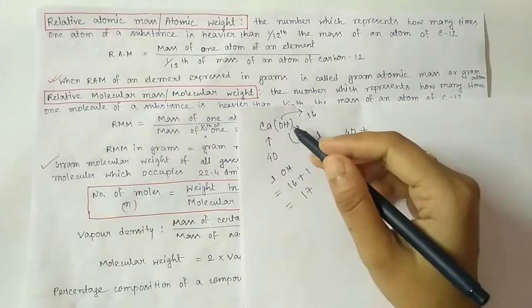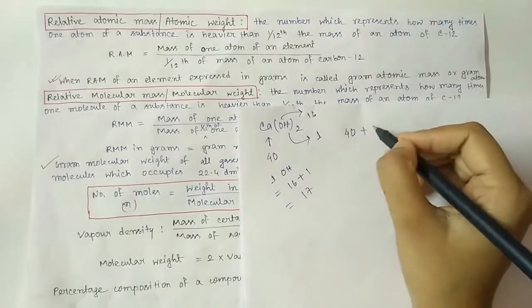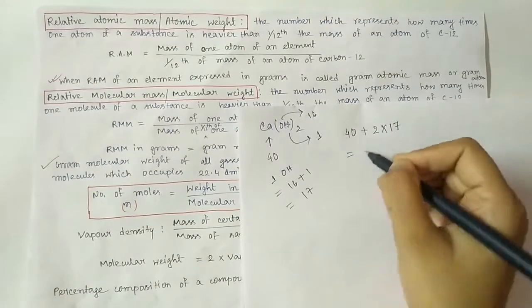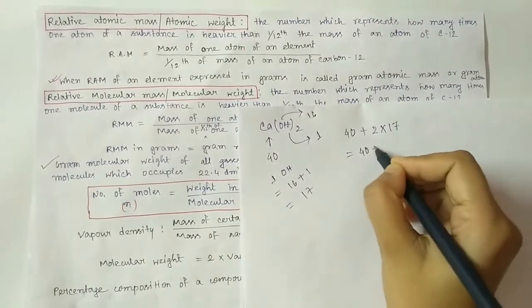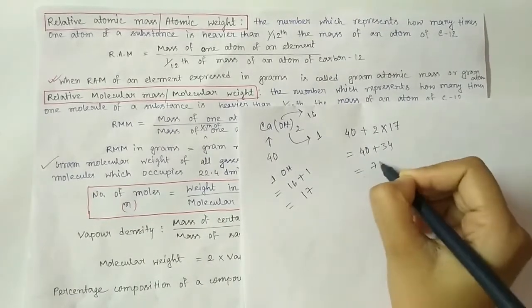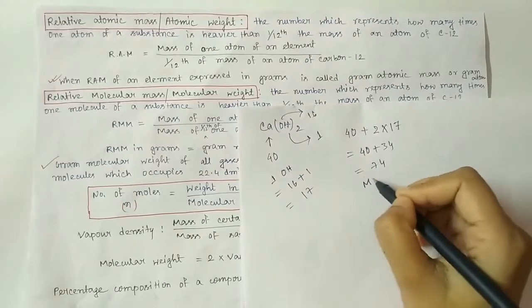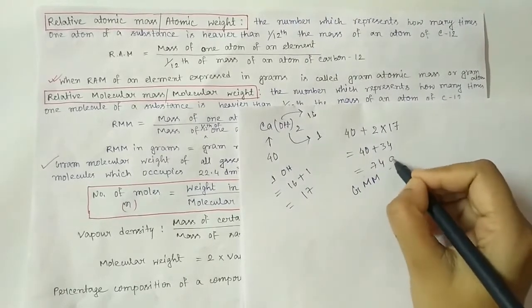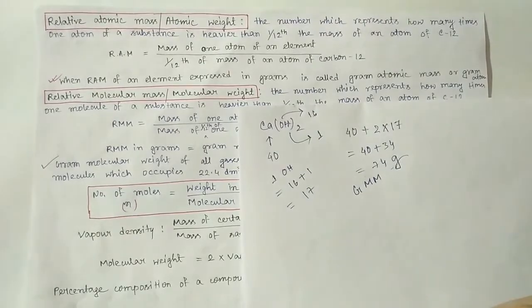As there are 2 OH, we multiply 2 with 17, so it will be 40 plus 34 equal to 74. So this is the gram molecular mass of Ca(OH)2, and it is 74 gram.